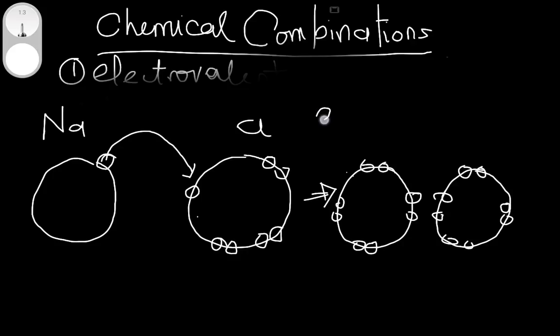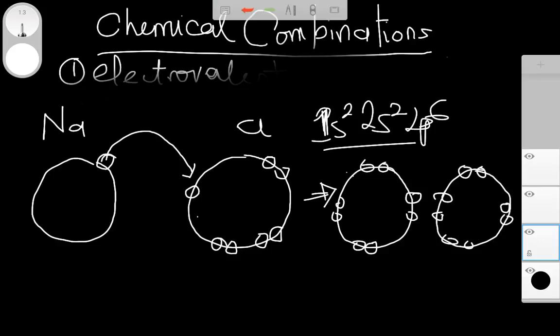Sodium will become 1s2, 2s2, 2p6. Like I told you, even if it has the electronic configuration of neon, it does not behave like neon. Let's look at another example quickly.